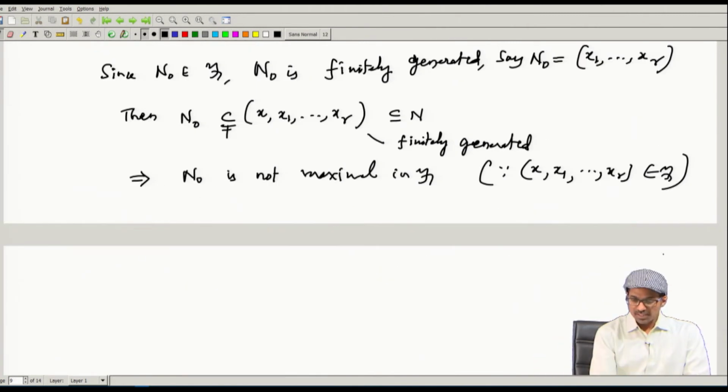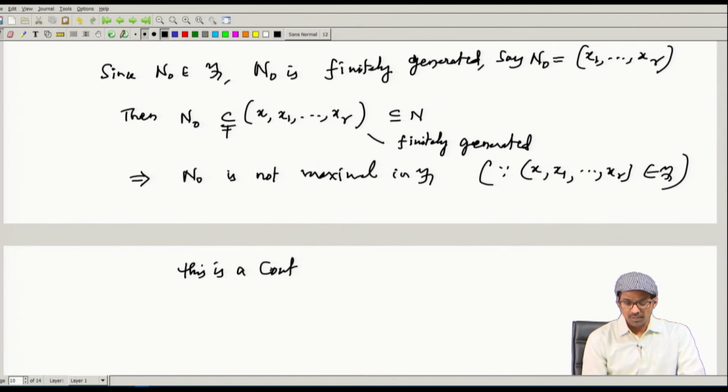This is a contradiction, because N naught is maximal.